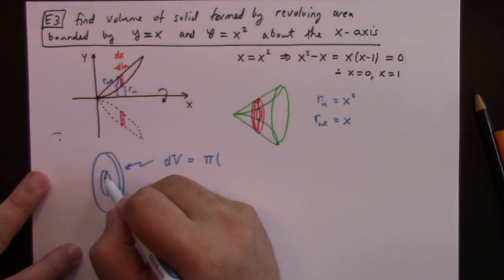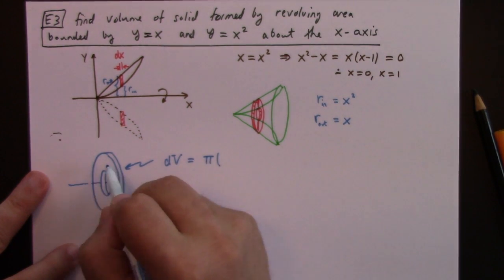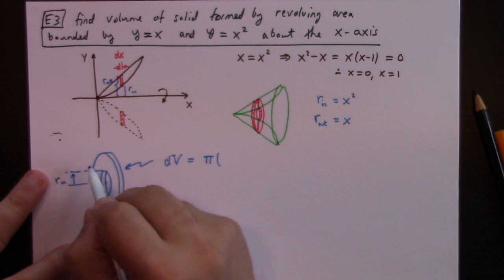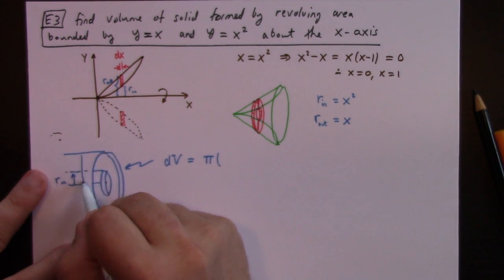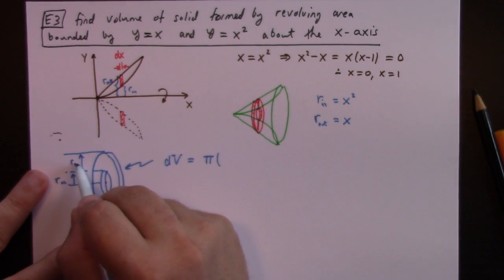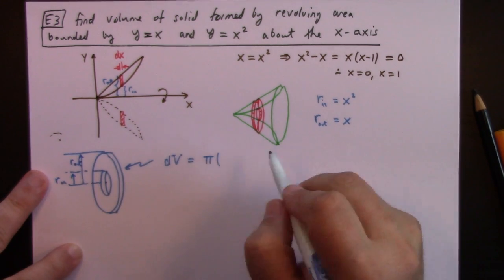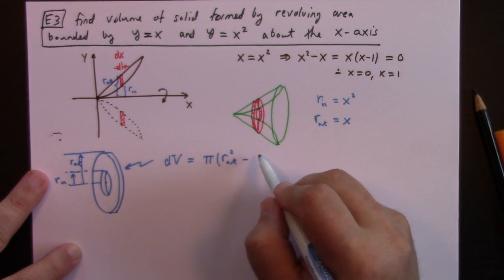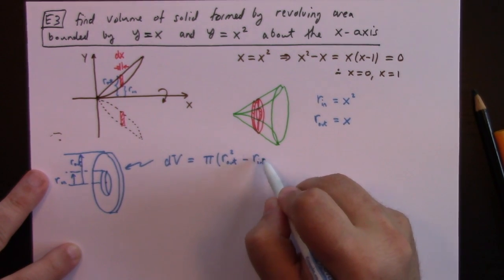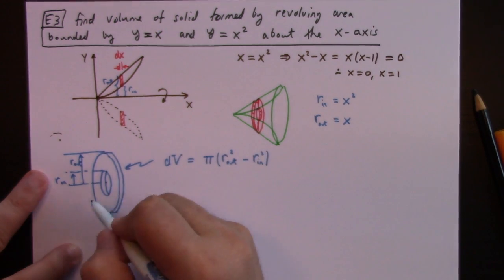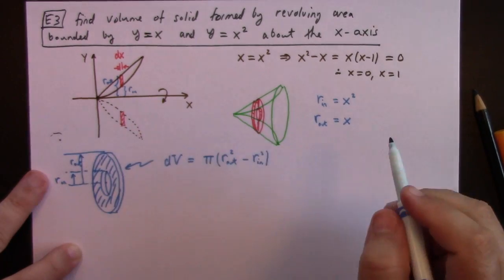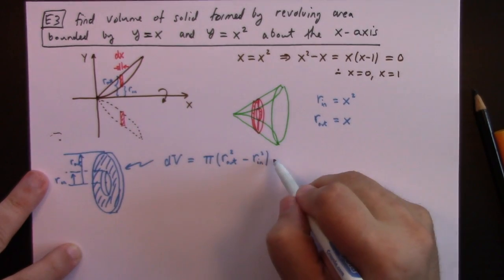And now the area of this is the area of the inner circle, which is pi r in squared, subtracted from the area of the outer circle, which is pi r out squared. So you have pi r out squared minus pi r in squared. I'll just factor out the pi, right? That's the area of that washer, and then times dx.